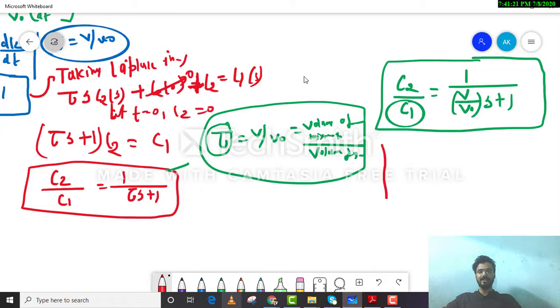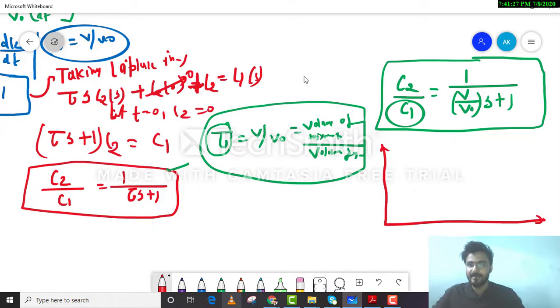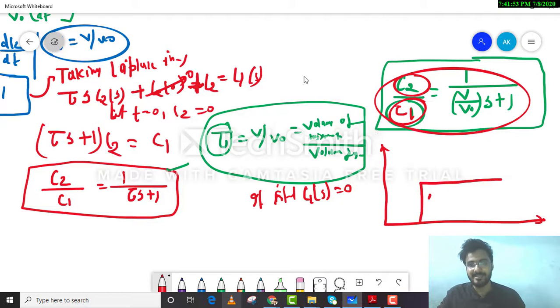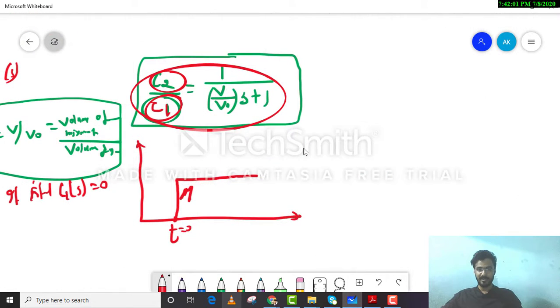Before going to the next part, you will see this is the first order transfer function: this is the inlet concentration, this is the outlet concentration, our desired response, C1 and C2. If the steady state C1s is 0, then at t equals 0 we give a step input of magnitude m. How will the output respond? Already you know this.